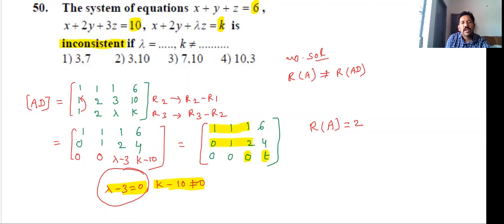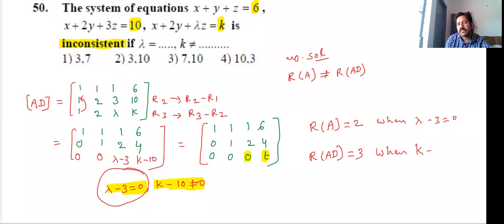Next, observe the rank of AD. Rank of AD is 3 when k minus 10 is not equal to 0, while rank of A is 2 when lambda minus 3 is equal to 0.